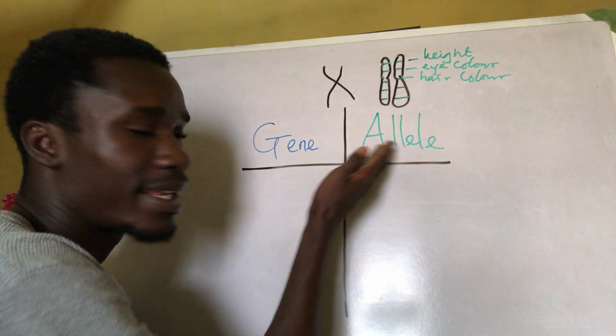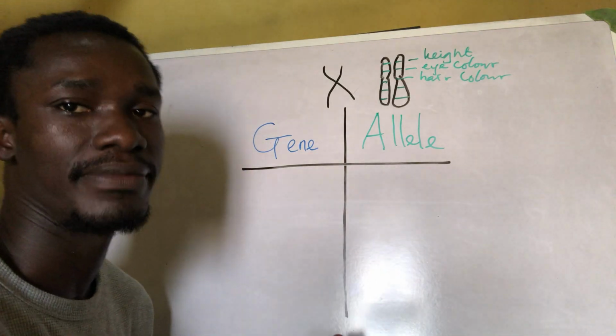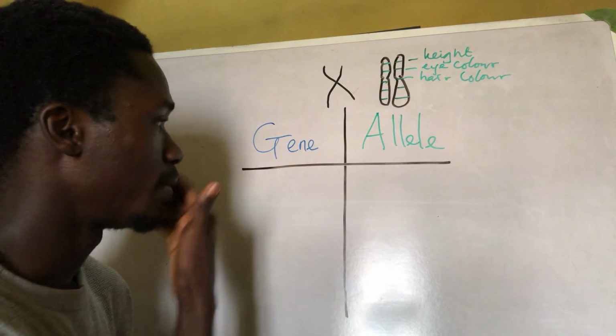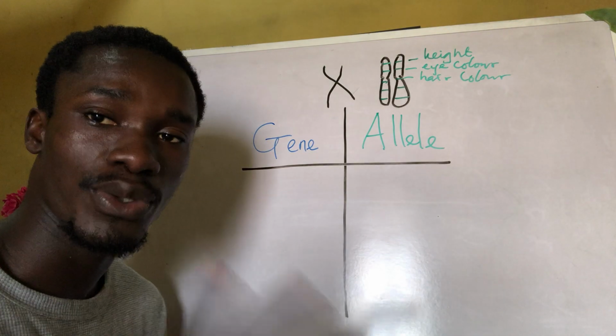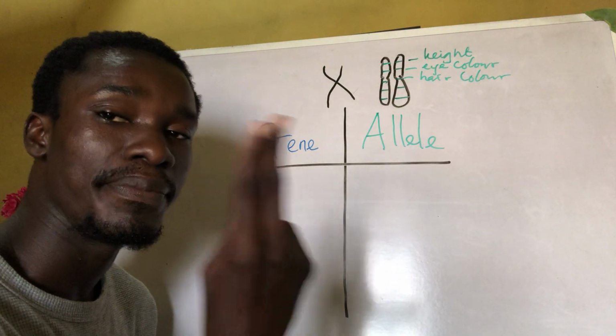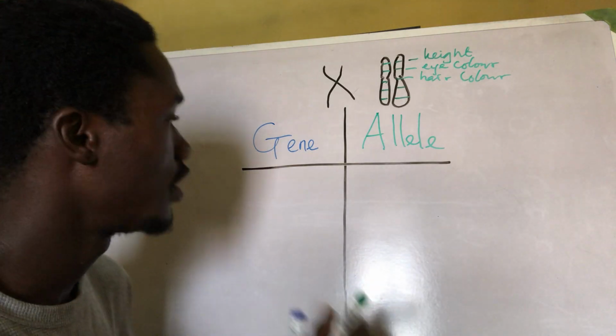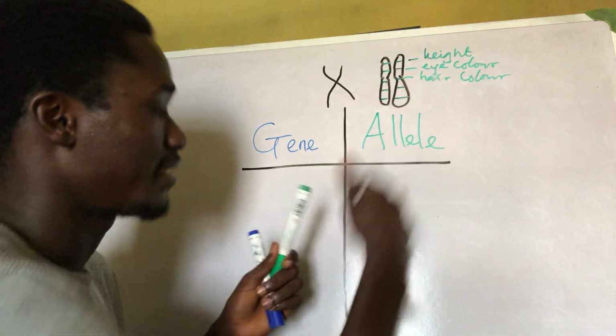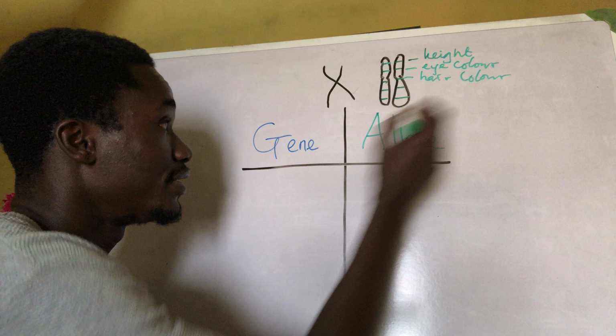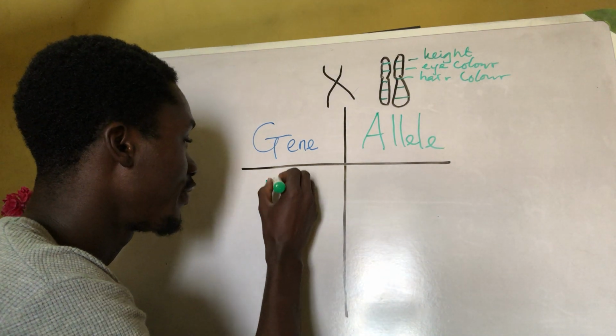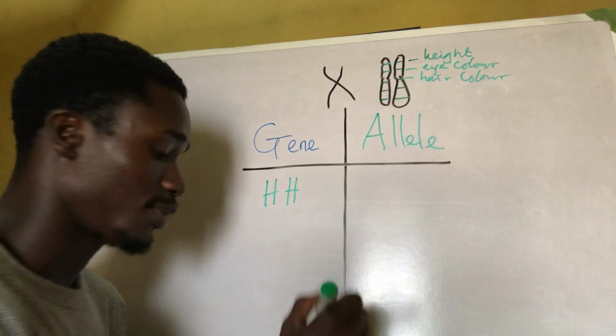What is now an allele? What is an allele then? Now, if we have this gene, remember in humans, these genes come in pairs, which means we have two copies for each of these genes. So let's say height here. Let's say we have genes that code for height. Let's say we have HH, dominant.